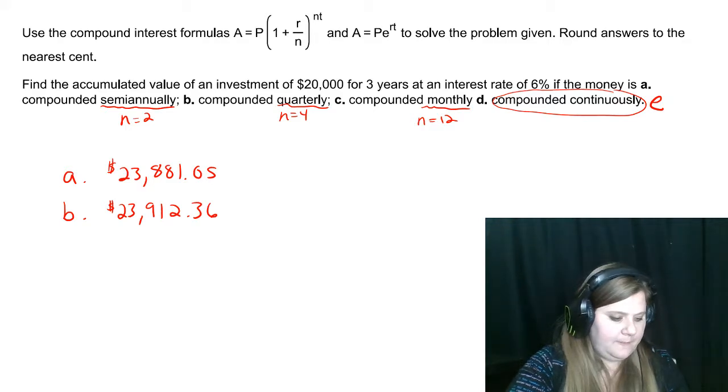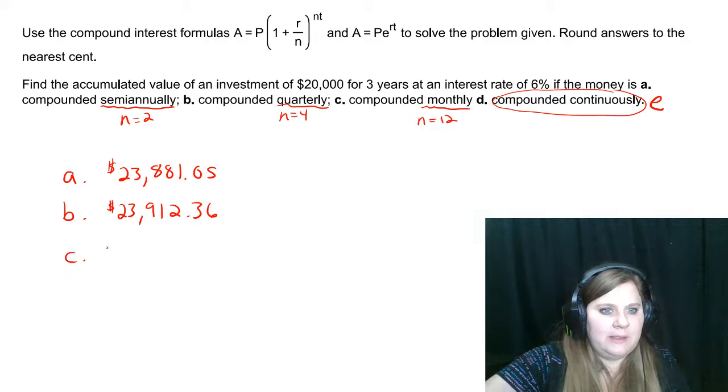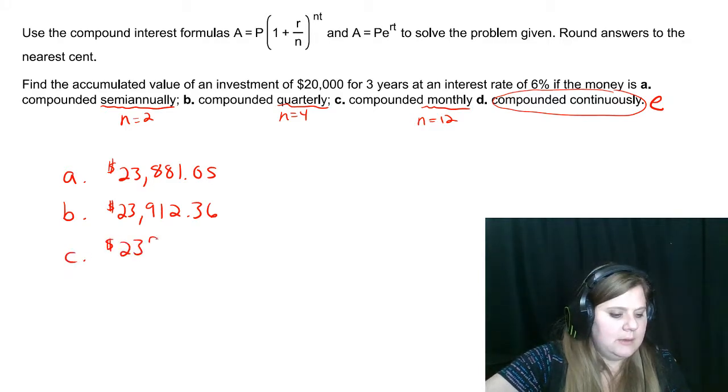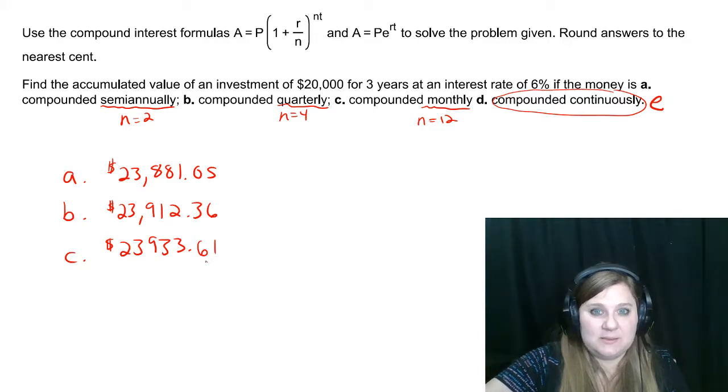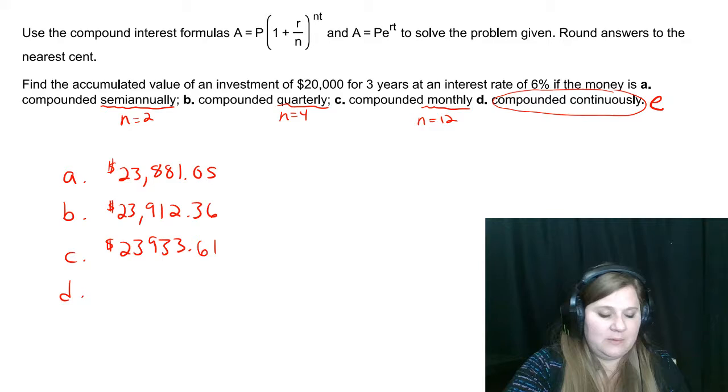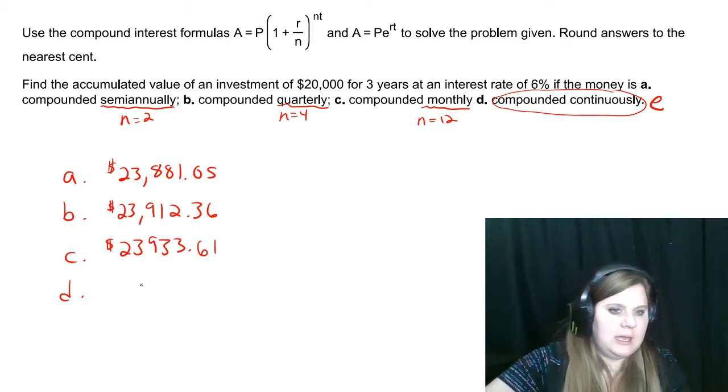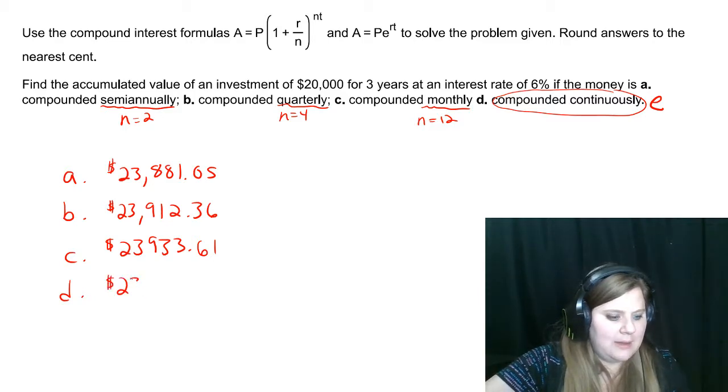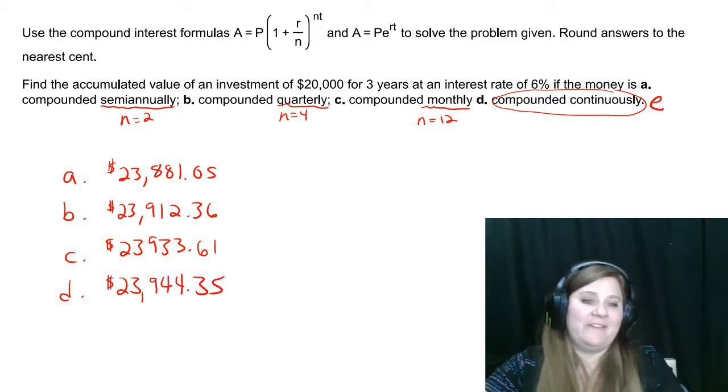If I do this, what's the next one? Monthly, then I get $23,933.61. And then last but not least, if I did it continuously, so we're compounding 6% for 3 years, I get $23,944.35.